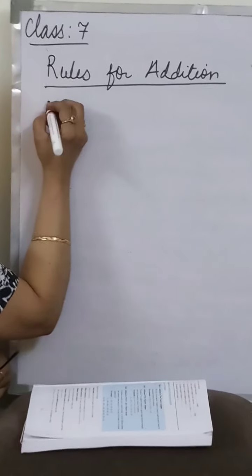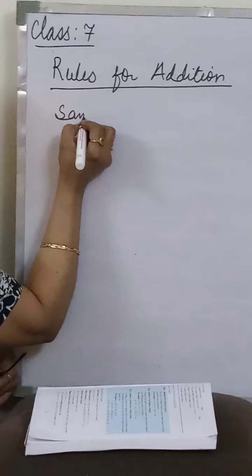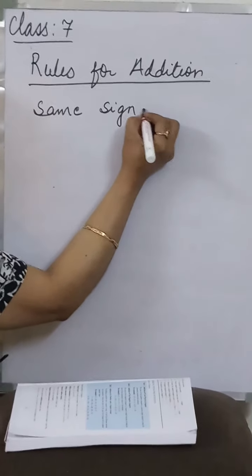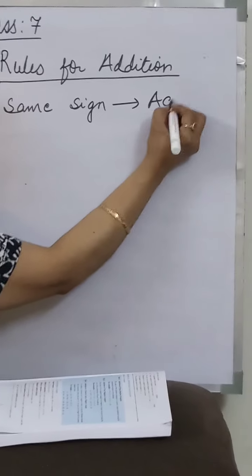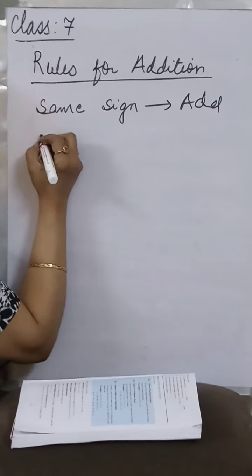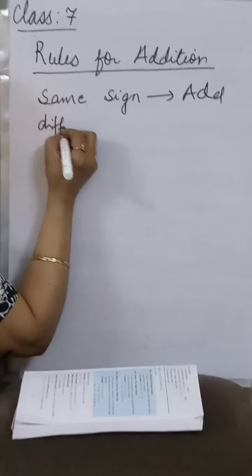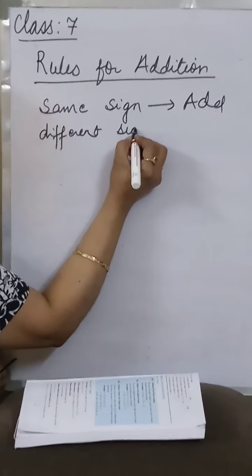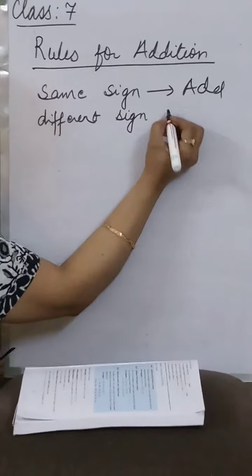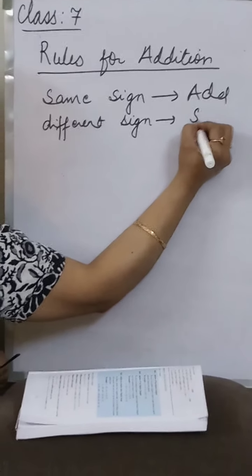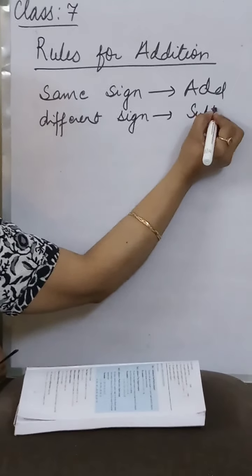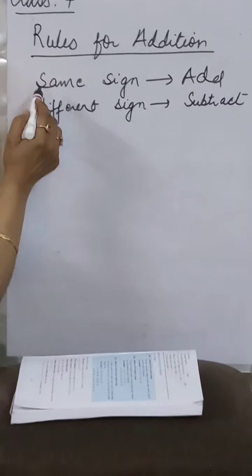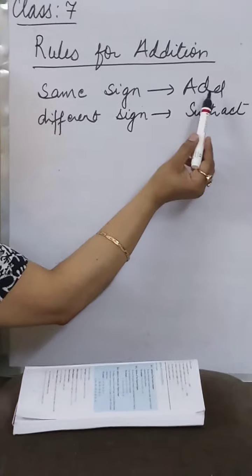If the elements have the same sign, then what are we going to do? Add. If they have a different sign, that means one is having plus and another is having minus, then we subtract. If the numbers have the same sign, we add them.